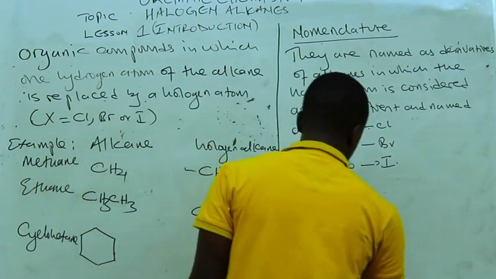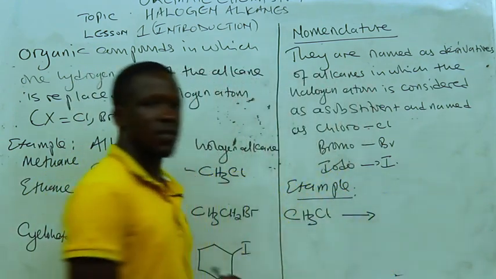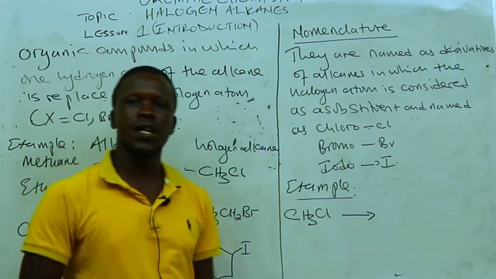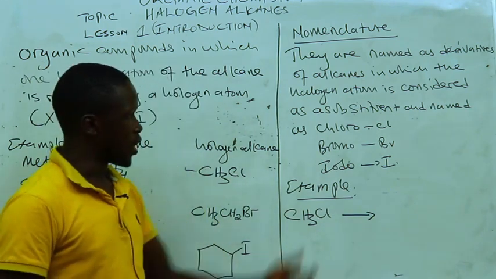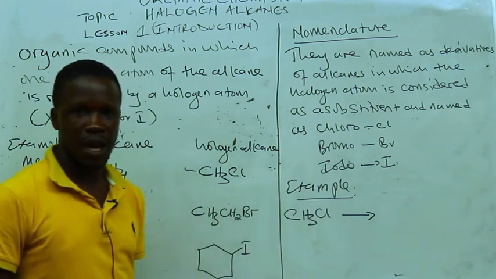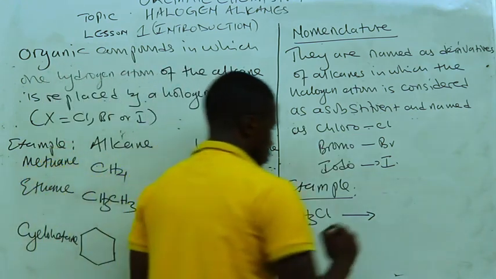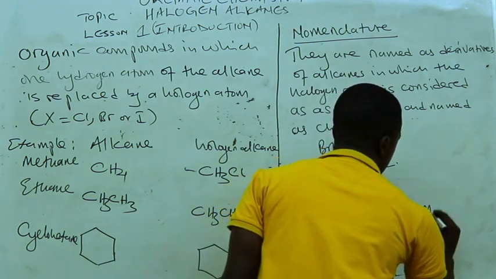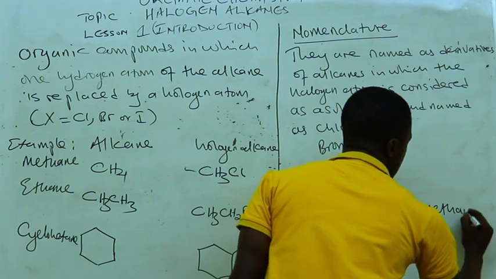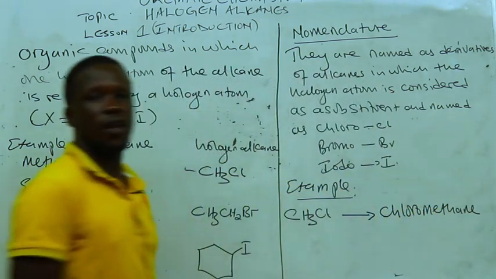And so this halogen atom is going to be considered as a branch. And since it is chlorine, we shall name it as chloro, and then the alkane. So this is chloromethane.